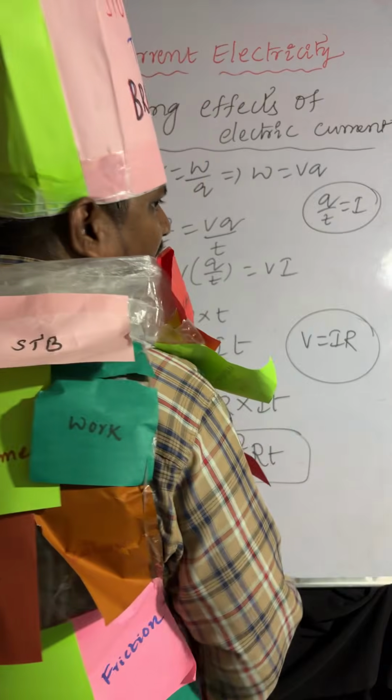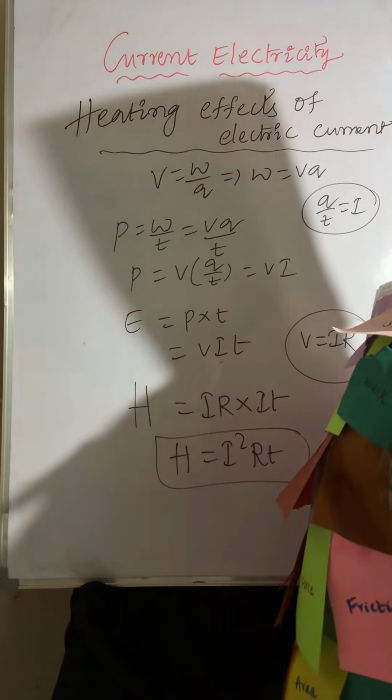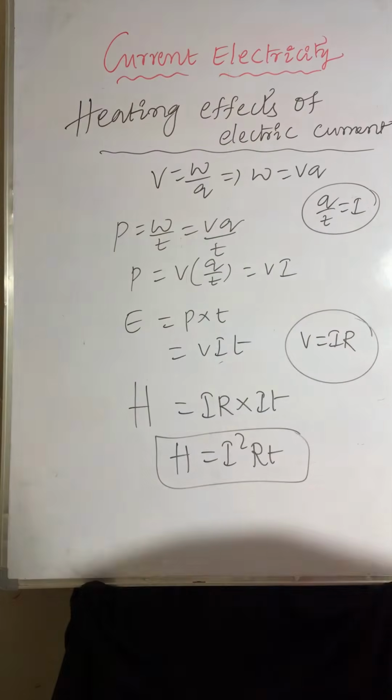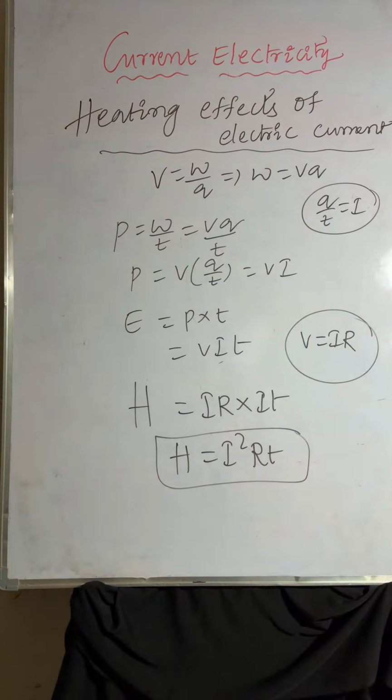Heat produced in the conductor is directly proportional to the square of current, directly proportional to resistance, and directly proportional to time. I hope it is very clear. This is about the heating effect of electric current.